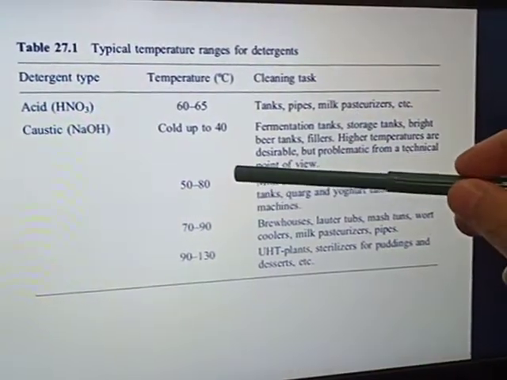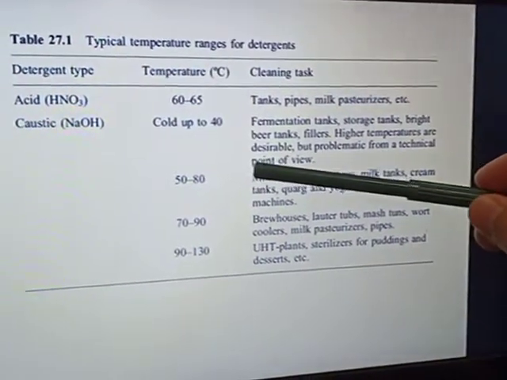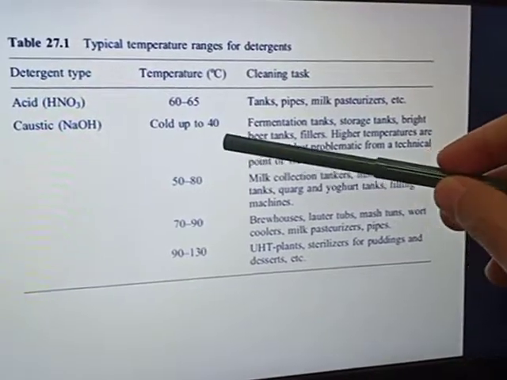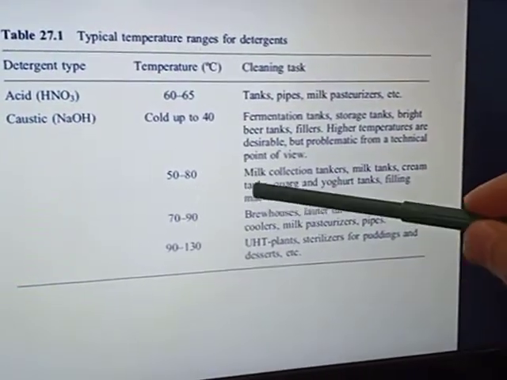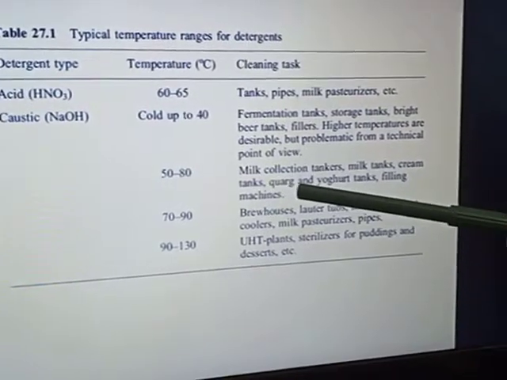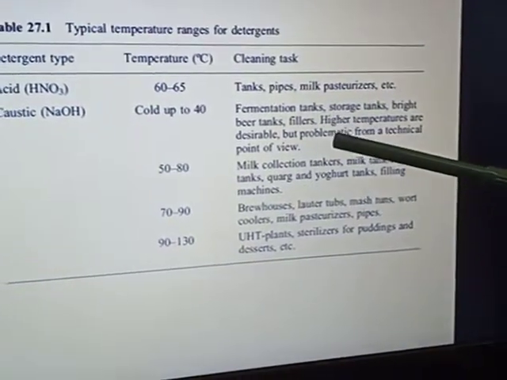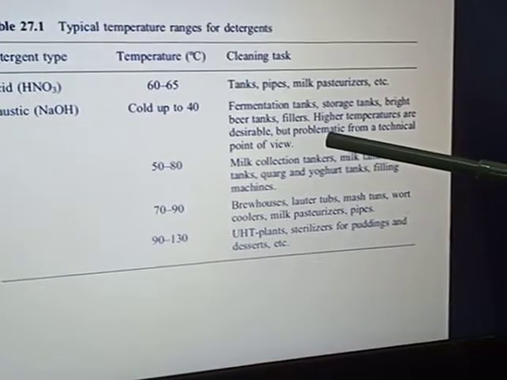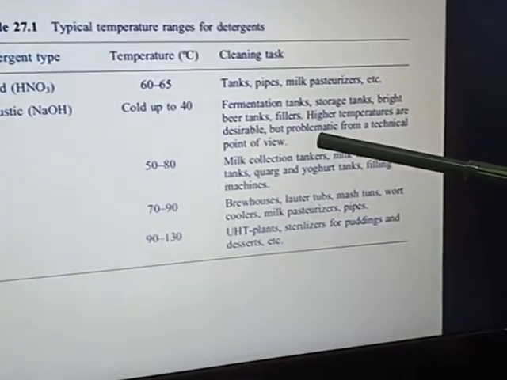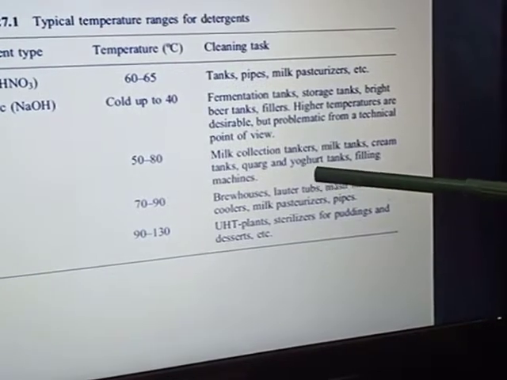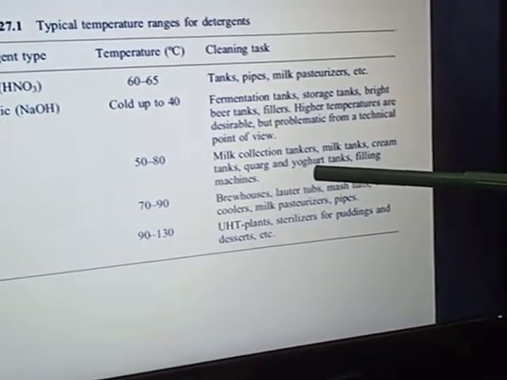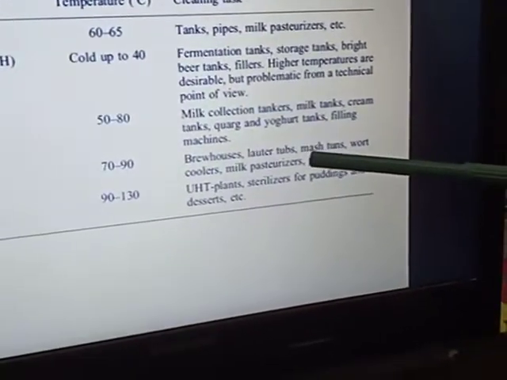The caustic soda, NaOH, can be used at different temperatures for different cleaning tasks. Fermentation tanks can be cleaned at low, cold temperature. For milk, you have to clean at higher temperature, 50 to 80.